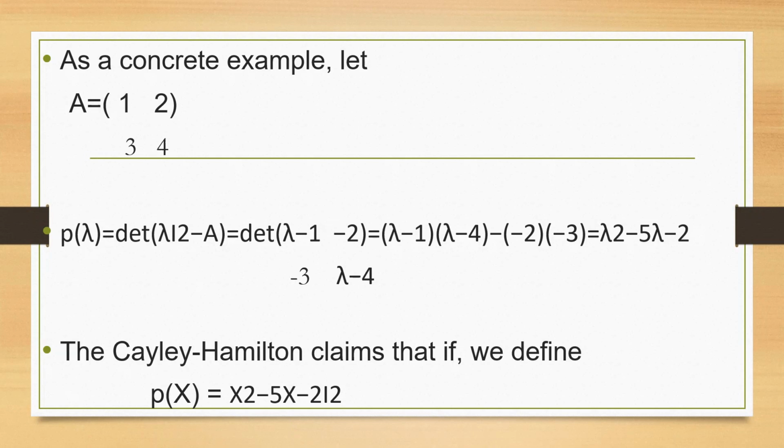This equals gamma minus 1 times gamma minus 4, minus minus 2 times minus 3, which is gamma square minus 5 gamma minus 2.